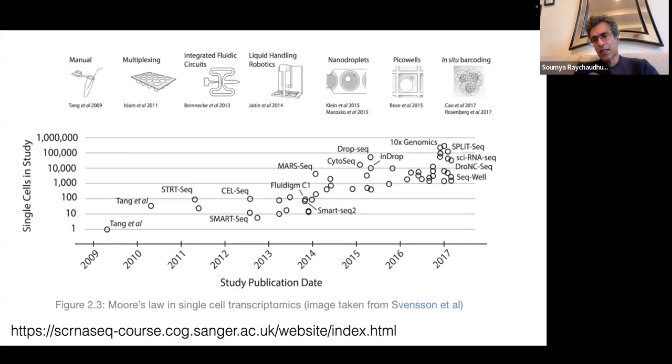A lot of the work I'll be talking about here today and the methods that I'll be discussing are really very related to the explosion in single-cell genomics. And as you can see, since about 2010 to today, we've gone from assaying a small number of cells to assaying thousands and thousands and thousands of cells in a single assay.